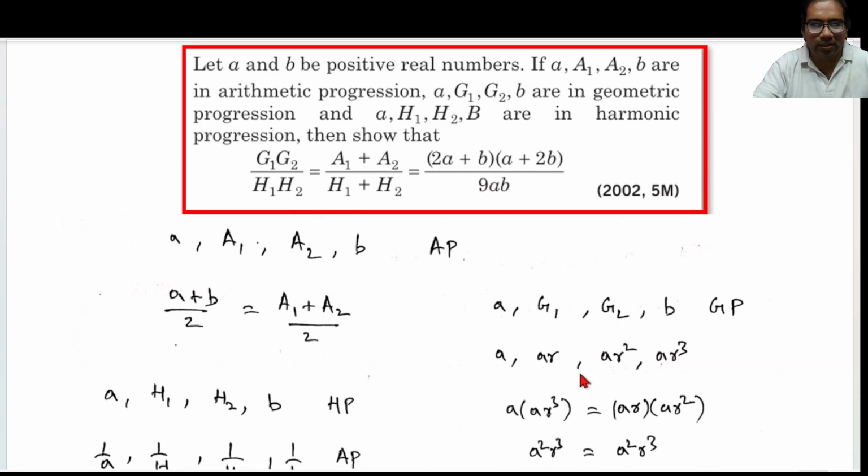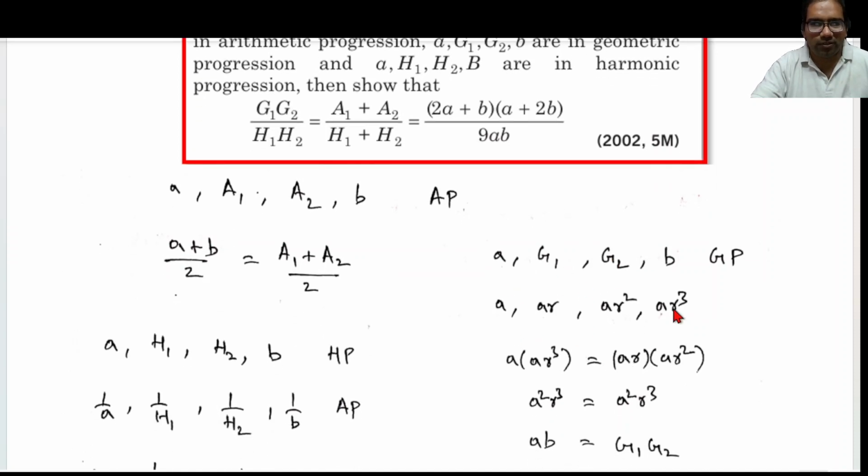Then G1 into G2 is ar into ar square, which is a square r cube, and a into b is a into ar cube, which is also a square r cube. So G1 into G2 equals ab. And A1 plus A2 is a plus b.